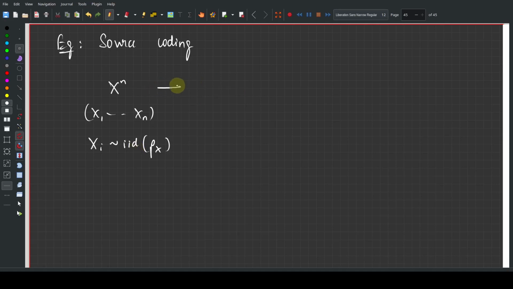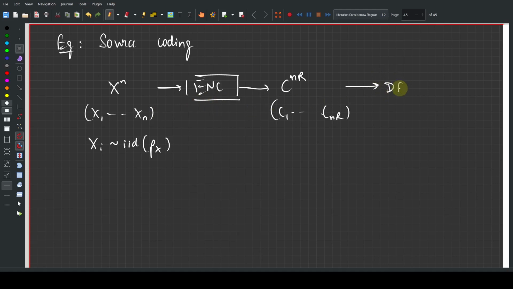The goal is to compress or encode this to a binary vector of length nR, a vector c1 up to c_nR, with the guarantee that you are able to recover x^n with high probability. Okay, so it's a standard compression problem.